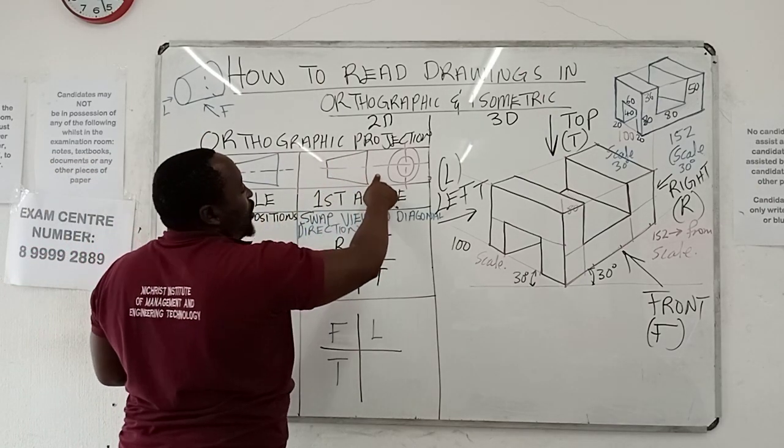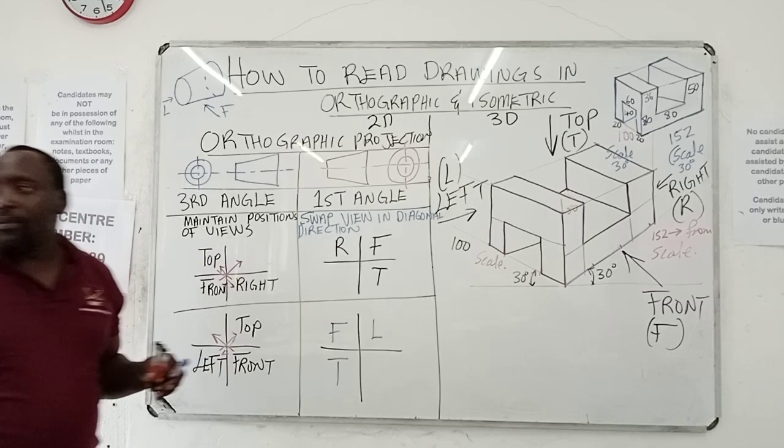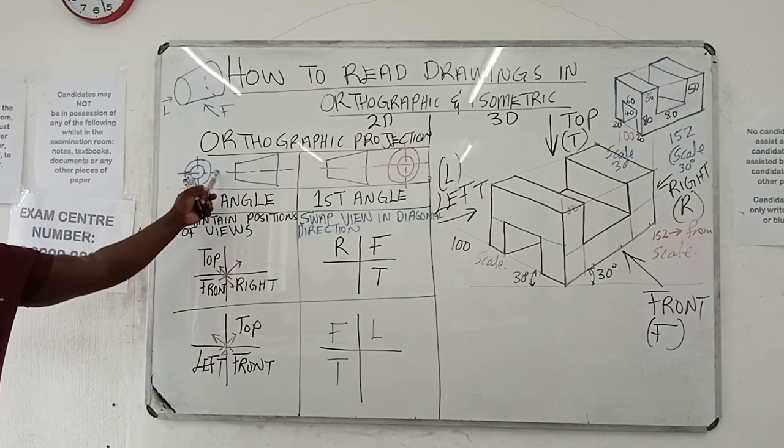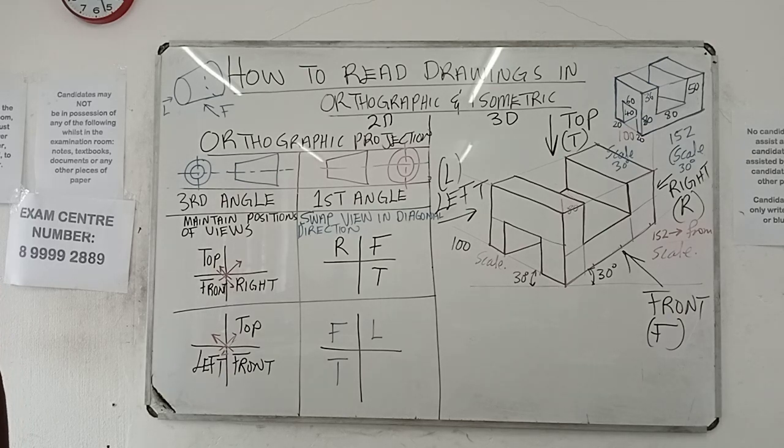First angle, only swap the views. Done. So whenever you draw orthographic, make sure your drawing must go with what? A symbol. Without a symbol, your work is incomplete. Have I made myself clear? Without a symbol, your work is what? Incomplete.